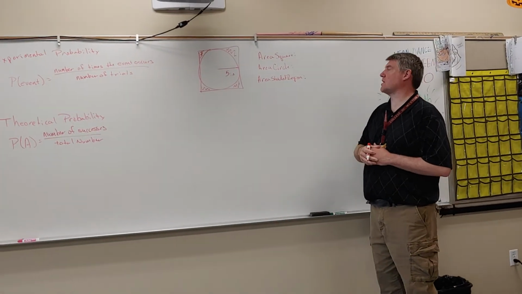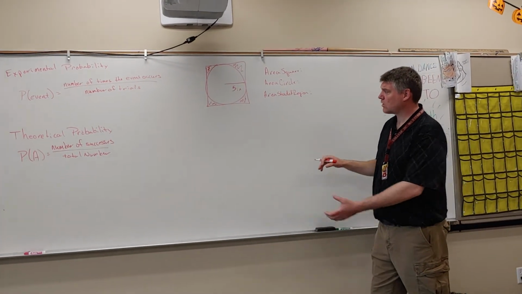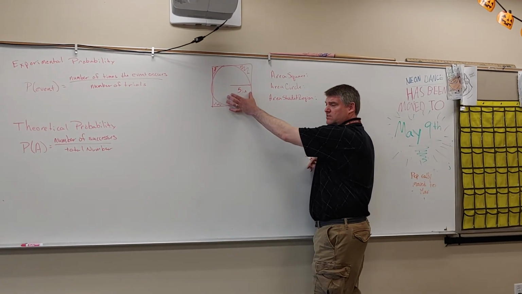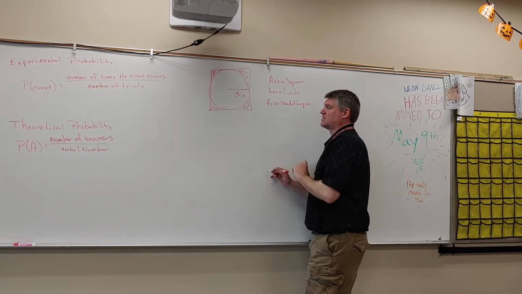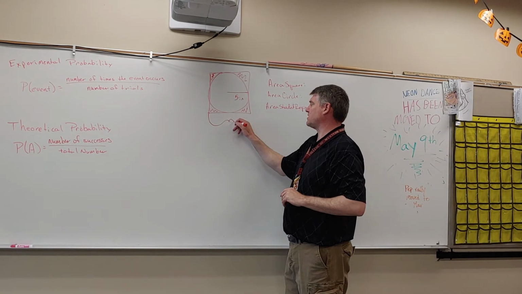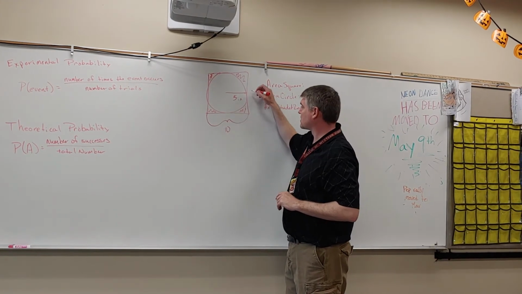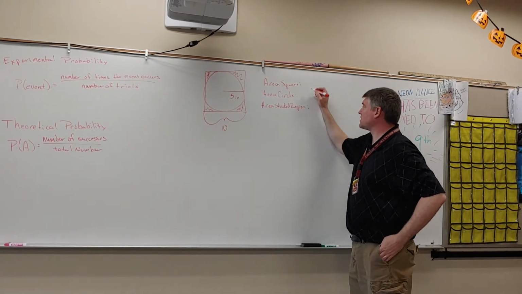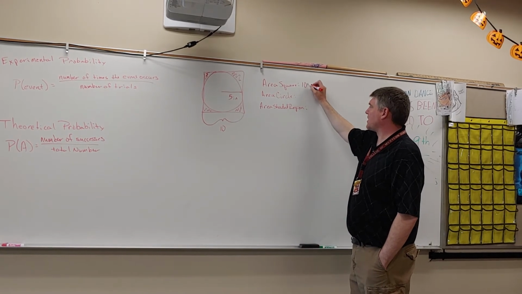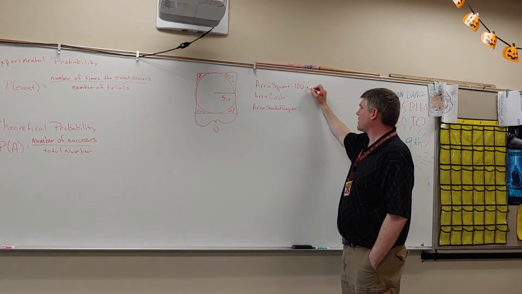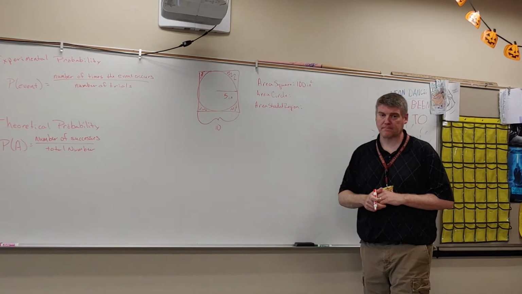So I'm going to start off with the area of the square. I have a radius of 5 inches. So my whole length on this side now is not 5 inches, but 10 inches. So I have a side length of 10 inches. So my area of my square becomes 100 inches squared.